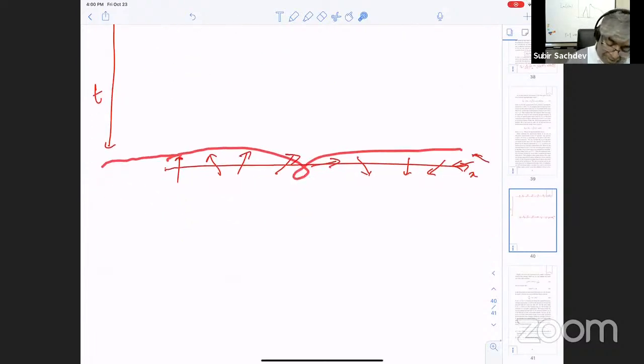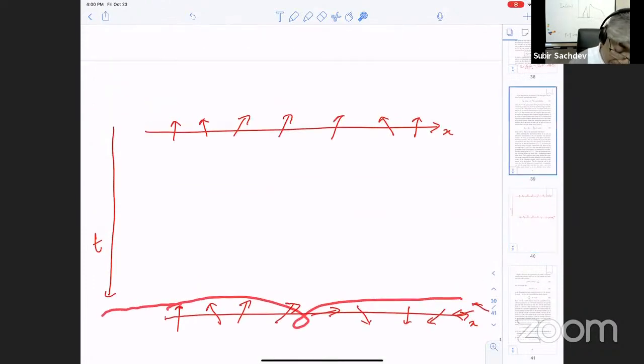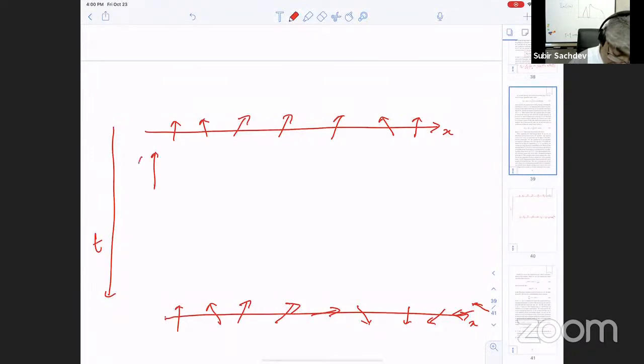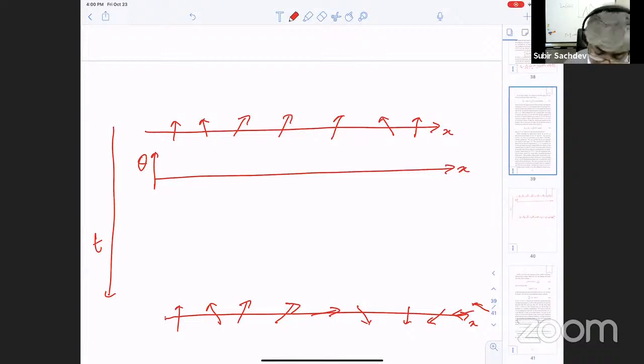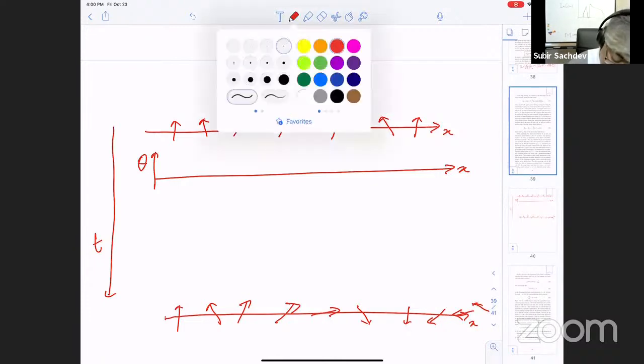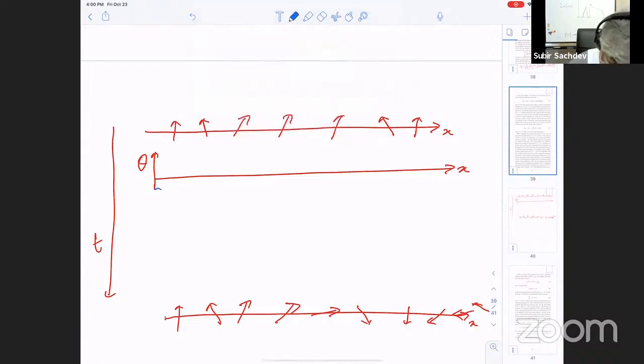So if I draw the value of theta, which is the phase of the condensate, against x, then theta is basically fluctuating around some fixed value, let's call it 0.